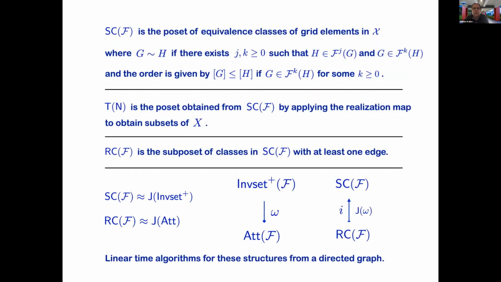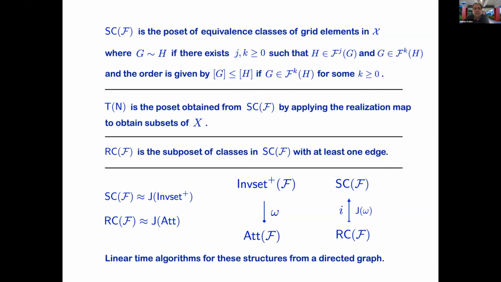Okay, so to be specific, SC of this combinatorial map is the poset of equivalence classes of the grid elements where you're looking at connections. So this is just the strongly connected components. And when you look at realizing those things as sets in your underlying topological space, then you get a poset of sets, right?